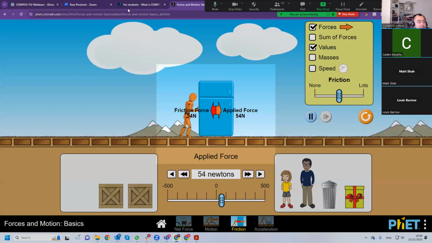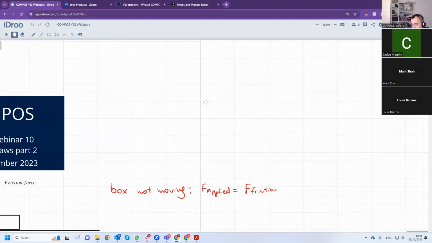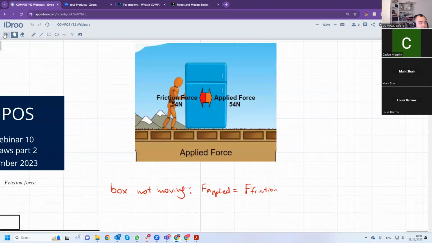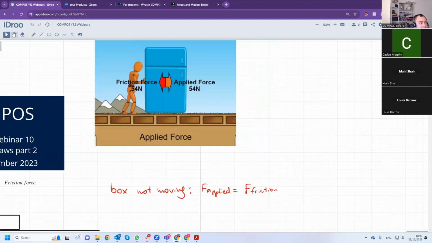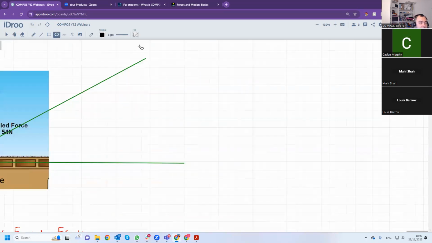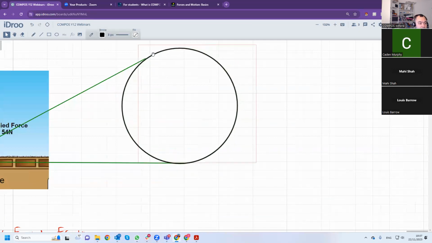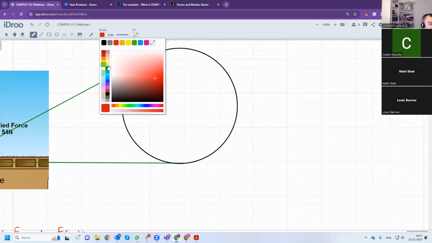So let's talk about this just for a quick second. How does friction occur? If you zoom in to this, you will see the surface of the fridge is actually quite rough.